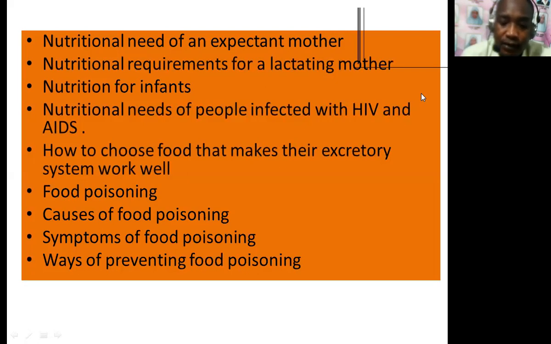Six, food stores and cupboards should have adequate space and a mesh that allows air circulation. They should also be protected against dust, insects, and rodents. Seven, always store food under the right conditions, such as dry and cool places.